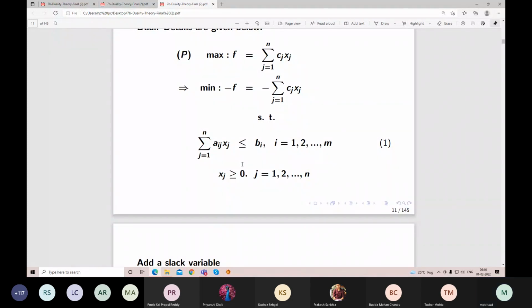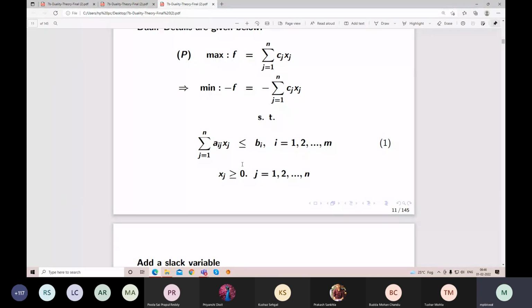And generally, you must have observed when you are solving a system of linear equations Ax equal to b, if it has a solution, the solution is sometimes unique, sometimes infinite, sometimes there is no solution. Zero solution, we say the system is homogeneous.